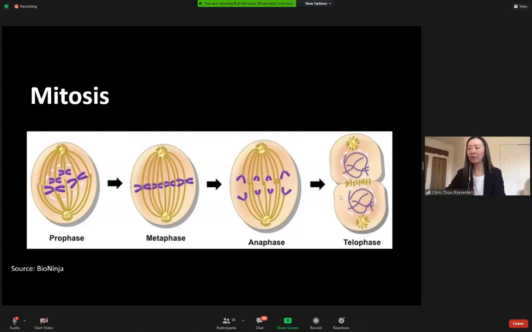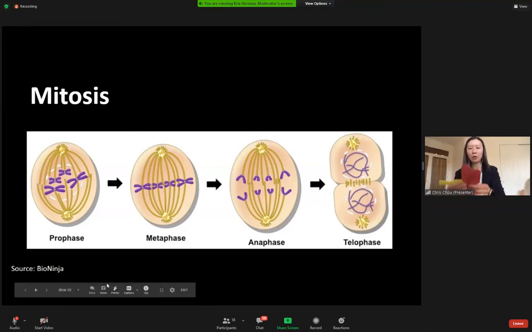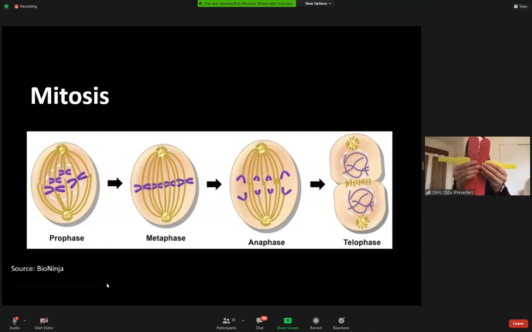A couple of points is that the classroom kit allows you to put these kinetochores and spindle fibers on. The kinetochore is like that protein grouping right there that connects the spindle fibers to the centromere. And you can use this to separate them and do anaphase like this.